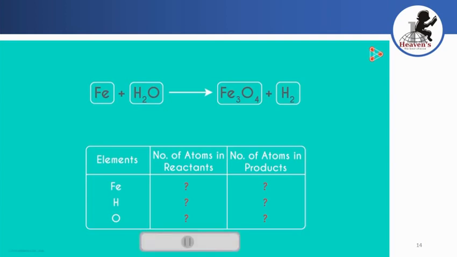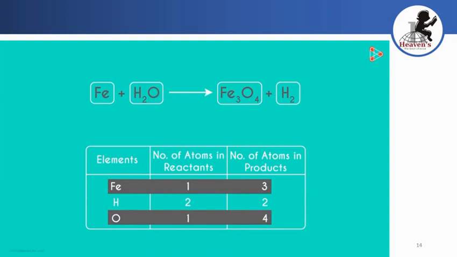Hydrogen atoms: 2 on the left hand side, 2 on the right hand side. Oxygen atoms: 1 on the left hand side, and 4 on the right hand side. Here the number of hydrogen atoms is the same on both sides, that means reactant side and product side, but iron and oxygen atoms are different.